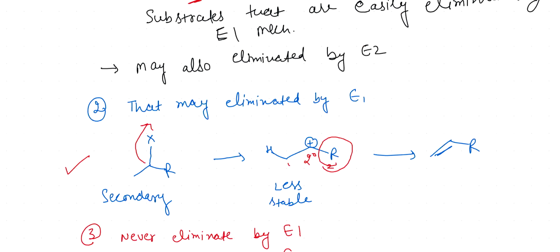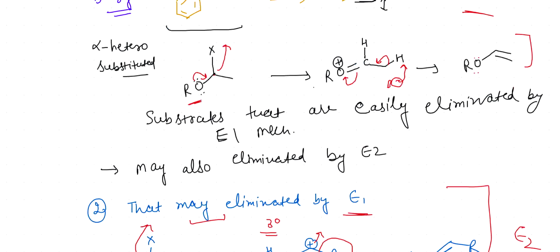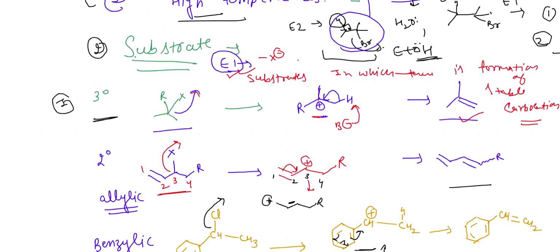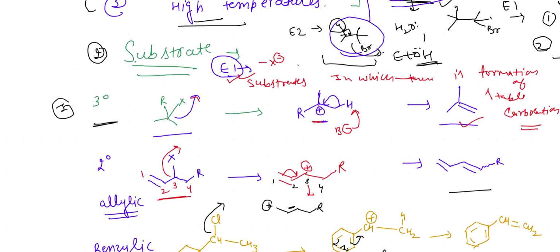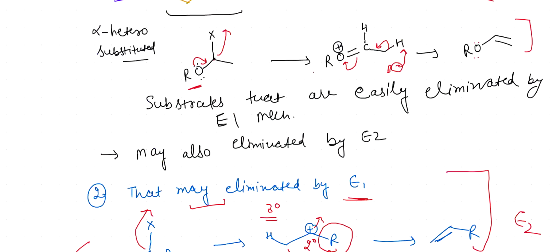It is less stable than a tertiary carbocation. That's why it may also be eliminated by the E1 mechanism, but it can also undergo the E2 mechanism. The examples we have done, such as tertiary alkyl halides, secondary allylic and benzylic, can also undergo the E2 mechanism, but these are more favorable to undergo via the E1 mechanism.